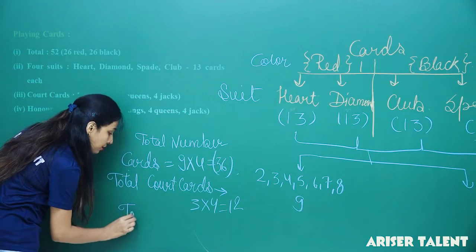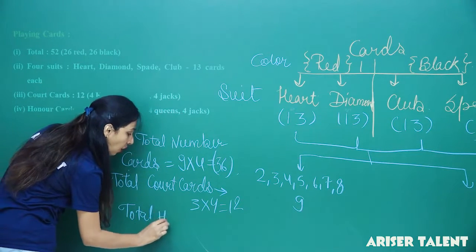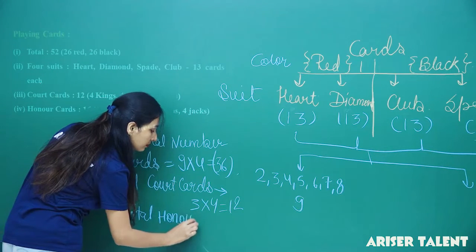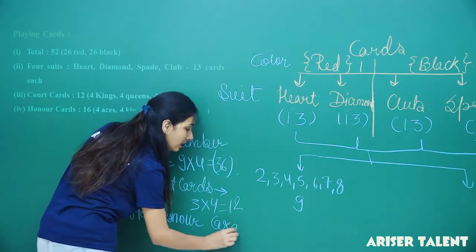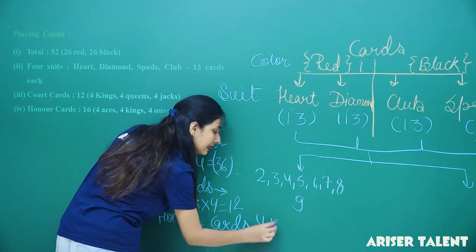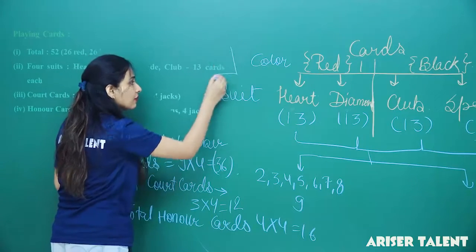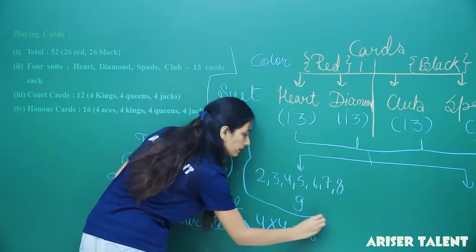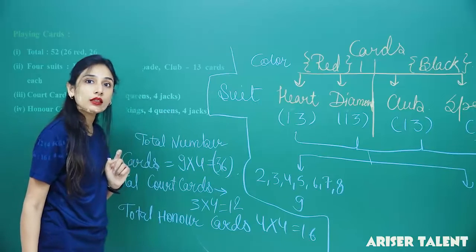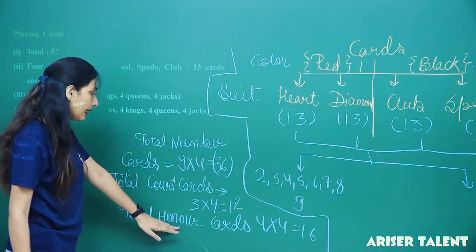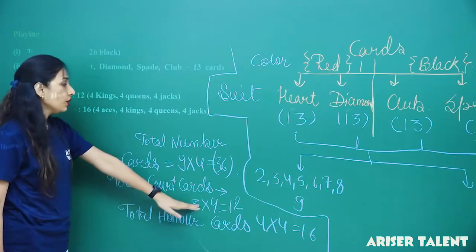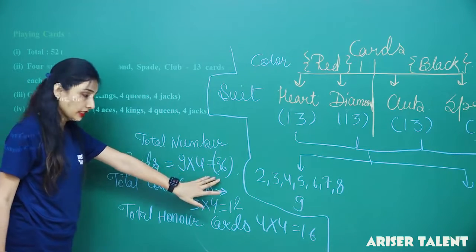If I talk about total honor cards, that will be 4 honor cards in 4 categories, which simply equals 16. So 16 honor cards, 12 court cards, 36 number cards.